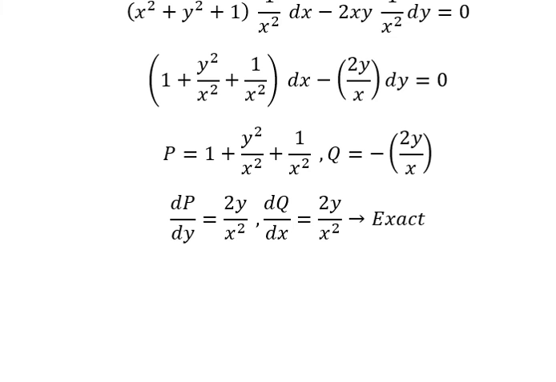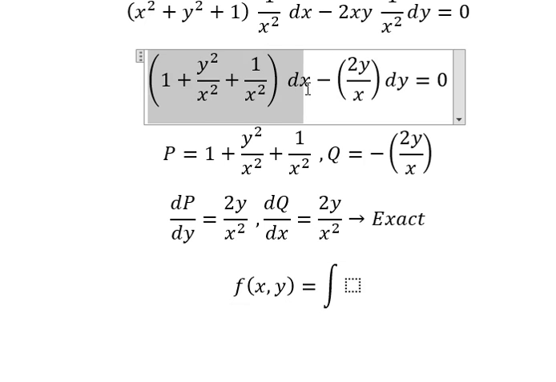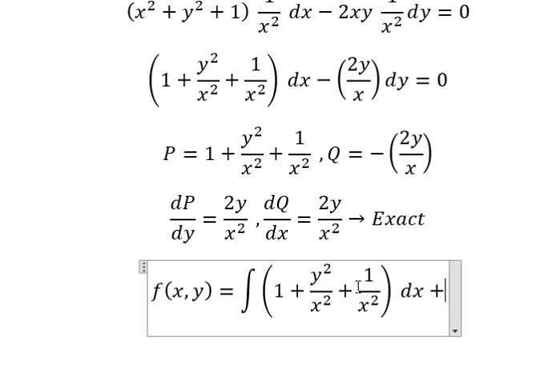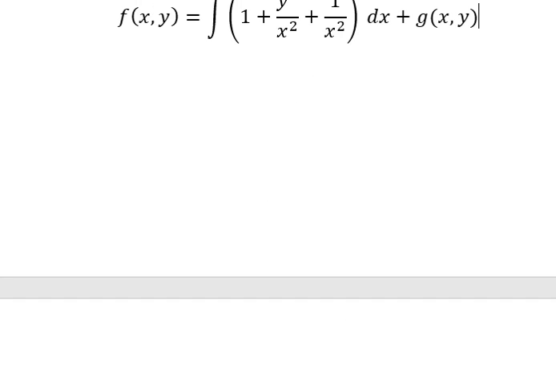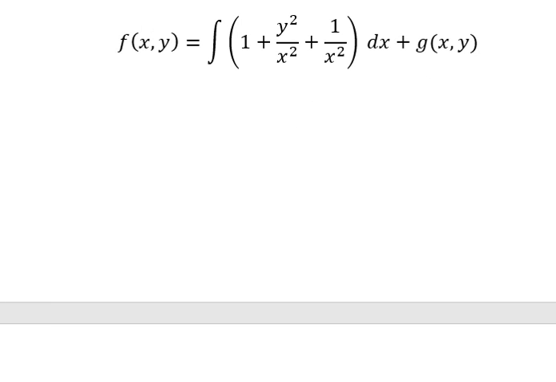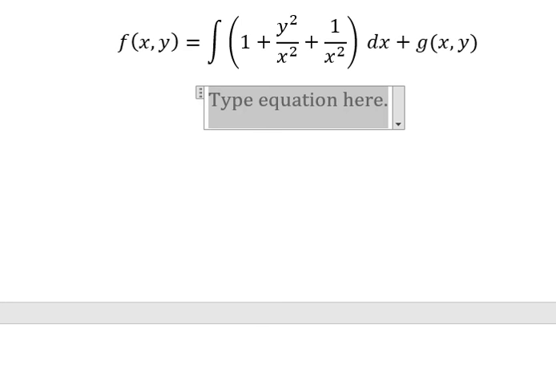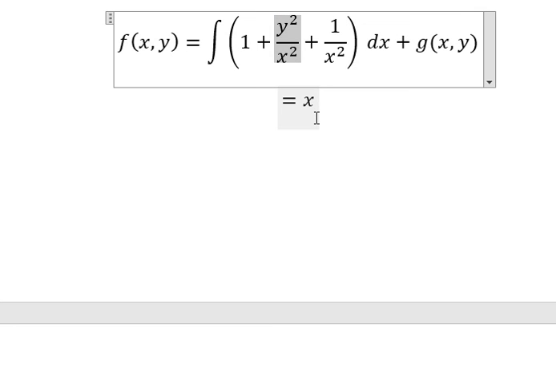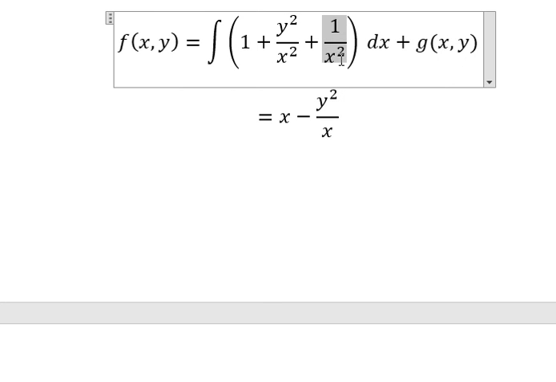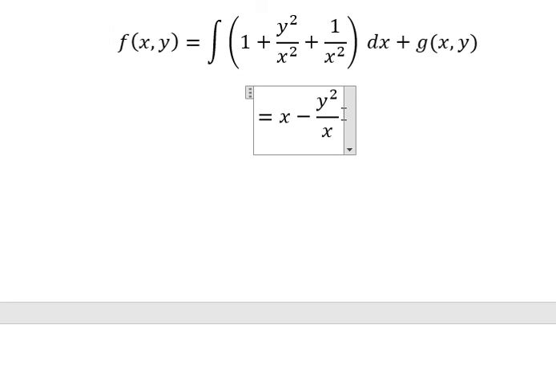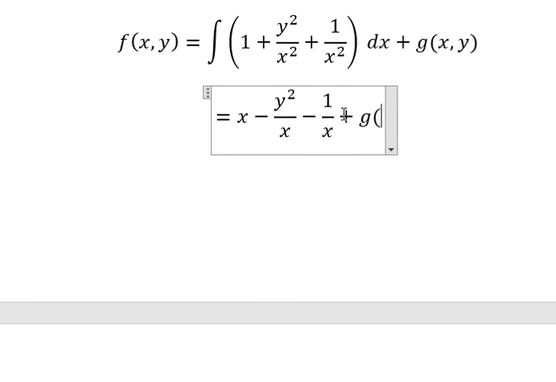Now we need to set up the function f(s,y) equals to the integration of this one plus 3sy. So the integration of number one, we have s. The integration of this one, we have negative y squared over s. The integration of 1 over s squared, we have negative 1 over s, and I will put 3sy.